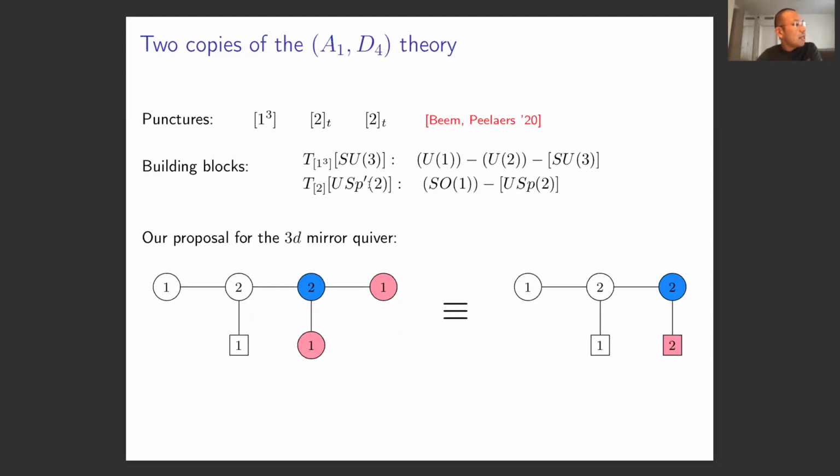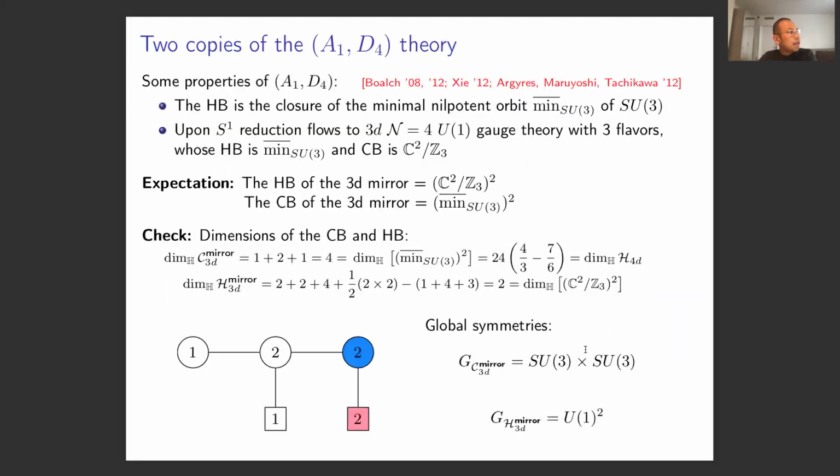And then USp(2) prime 2 is SO(1), USp(2). Then you attach it like this. Now, interestingly, this is an SO(1), meaning that you just have a half hypermultiplet here. Since it's SO(1), the gauge group is trivial. So you can combine it into SO(2), like in this picture.